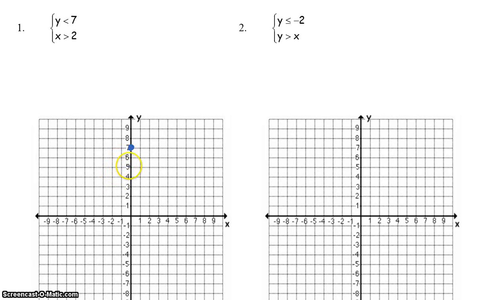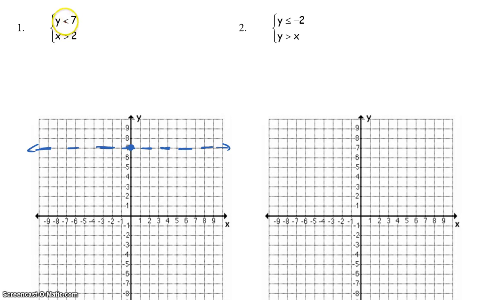The second thing you do have to consider here is if I'm going to put a solid or a dashed line still. Since this is a less than, I have to put a dashed line that goes through 7 on my y-axis. So I graph that dashed line.